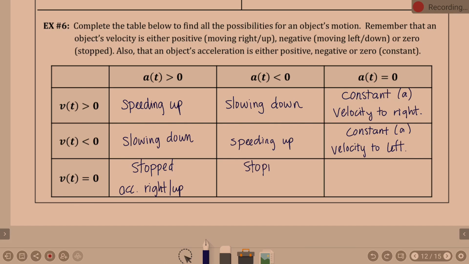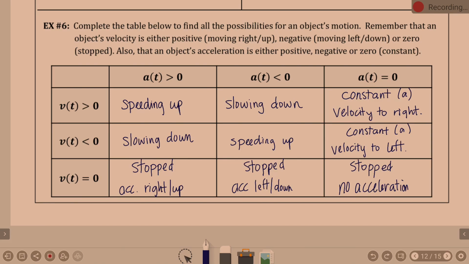When the acceleration is negative, then acceleration is left or down. And when your velocity is negative, there's just no acceleration. My particle is positive or stopped, and there's just no acceleration.